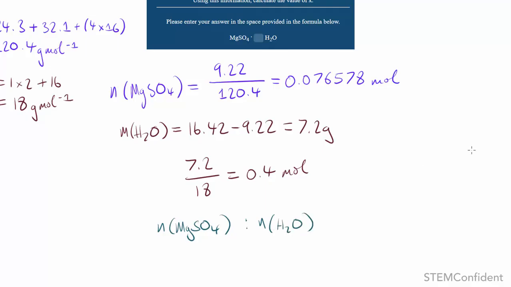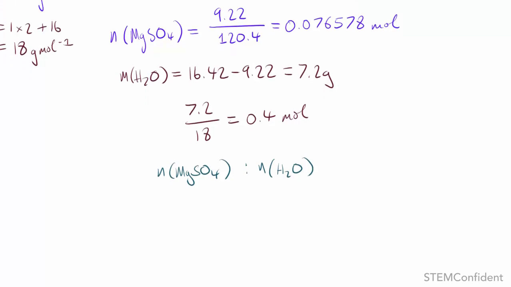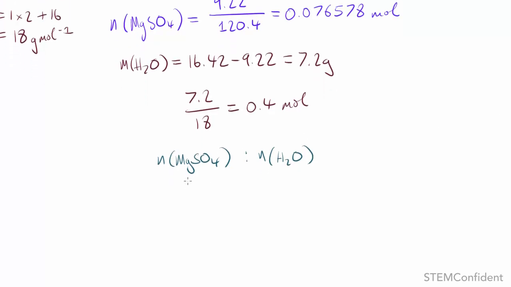And I'm specifically putting MgSO₄ on the left hand side because in our formula it is on the left hand side, so it makes things a bit easier to work with, more easy to follow as well. So on this side we're going to have the value we worked out here, right? 0.076578, and that's going to be in ratio to 0.4, right?